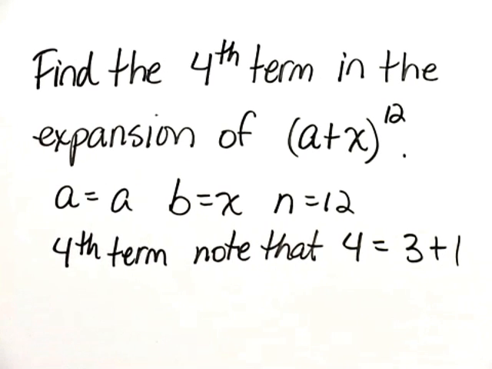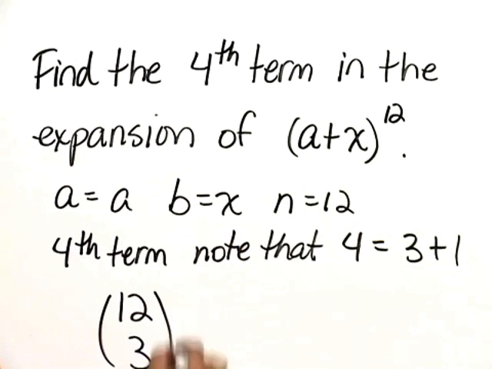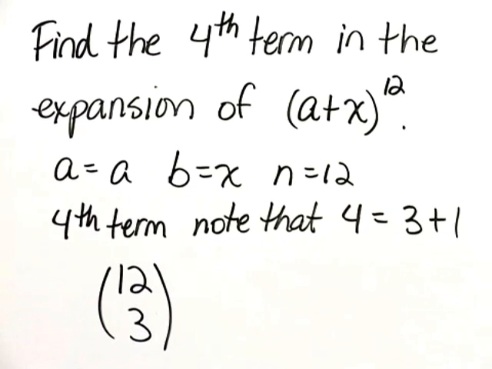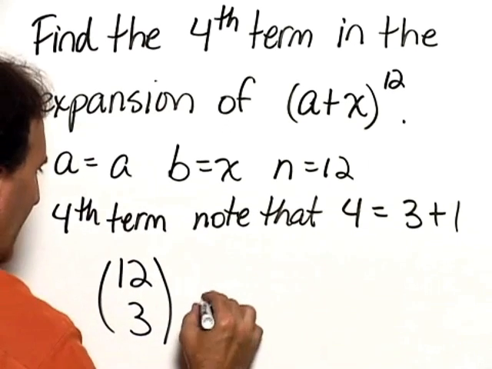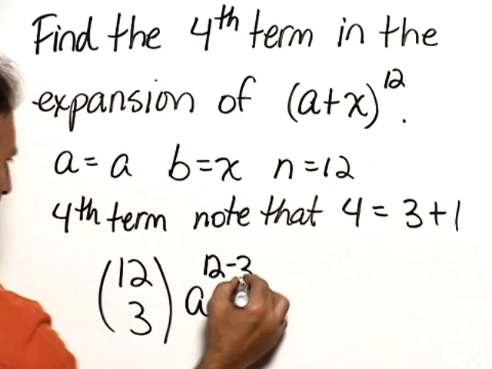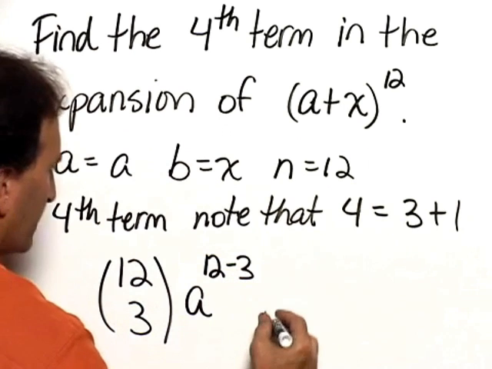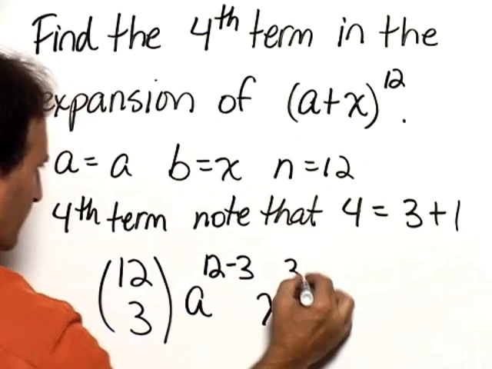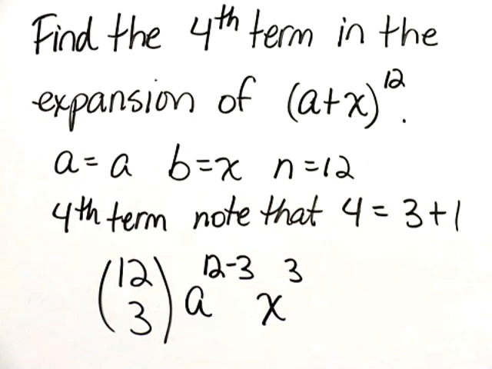And then that allows us to write it as n, which is 12, choose 3. That will be our coefficient. And then it's a raised to the 12 minus 3 times b, which in this case is x, raised to the power of 3.